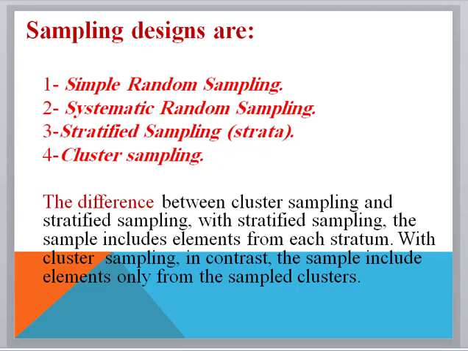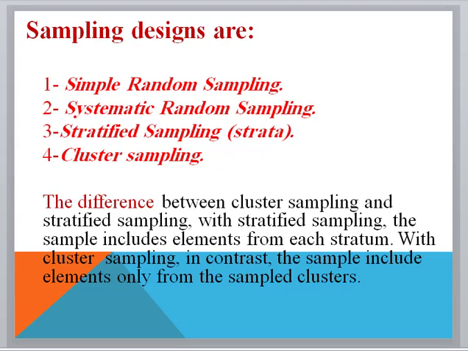The difference between cluster sampling and stratified sampling: with stratified sampling, the sample includes elements from each stratum. With cluster sampling, in contrast, the sample includes elements only from the sampled clusters.